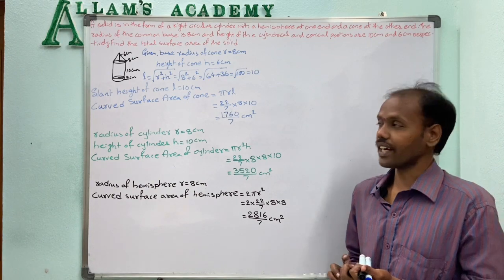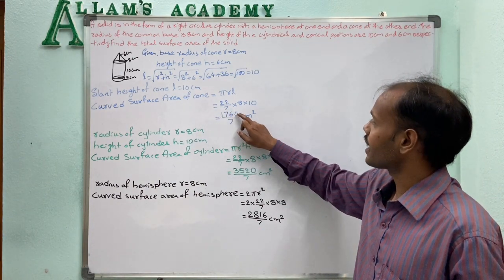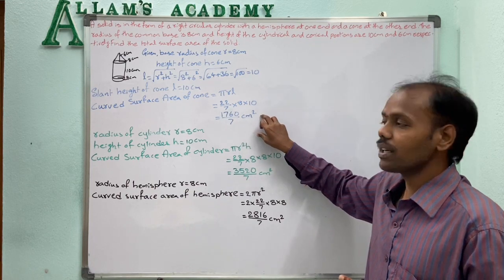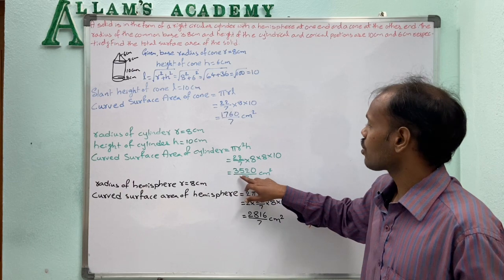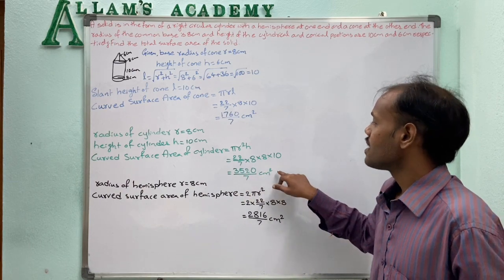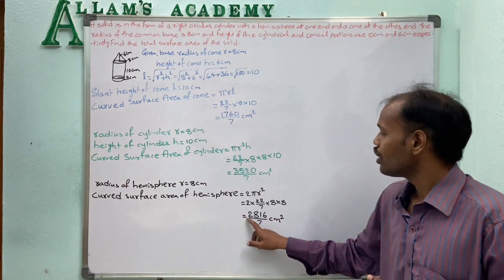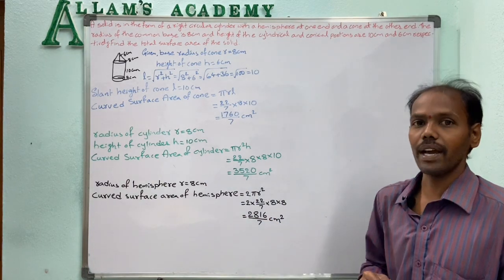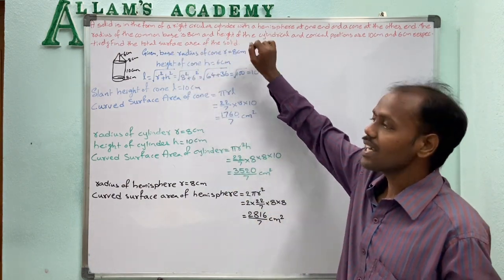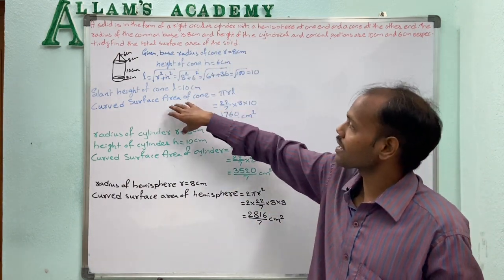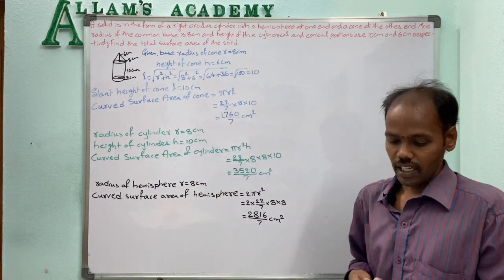Now we have the curved surface area of the cone as 1760/7 centimeter square, of the cylinder as 3520/7 centimeter square, and of the hemisphere as 2816/7. Now we have to find the total surface area of the solid, that is the sum of the curved surface areas of the cone, cylinder and hemisphere.